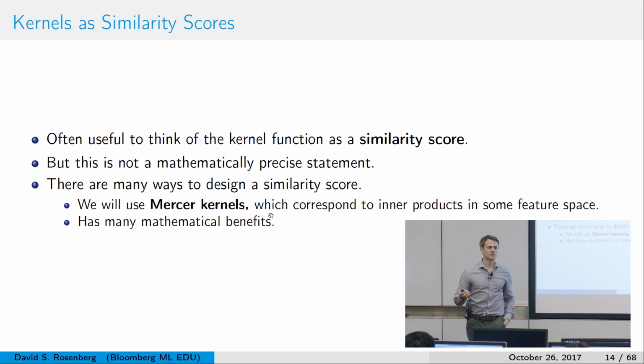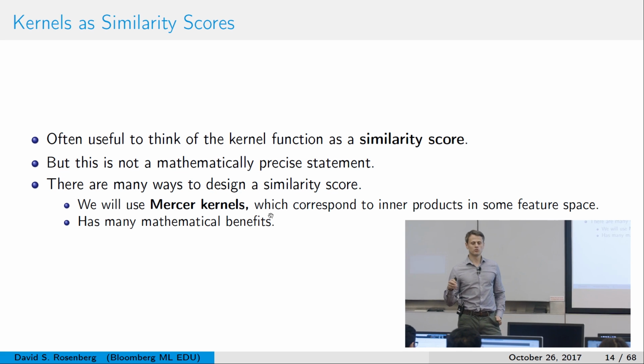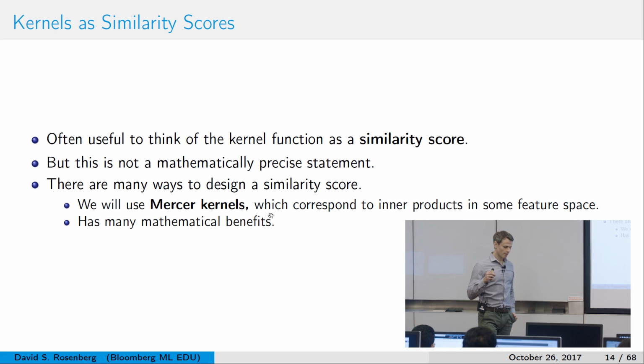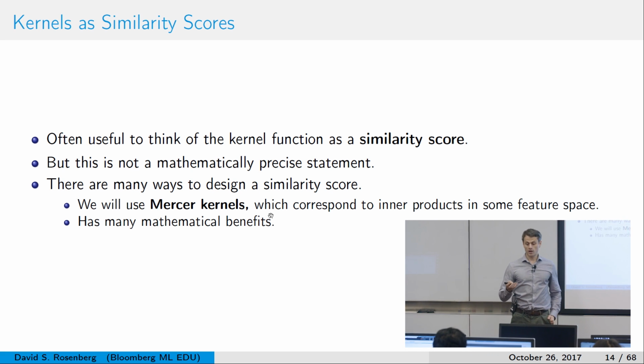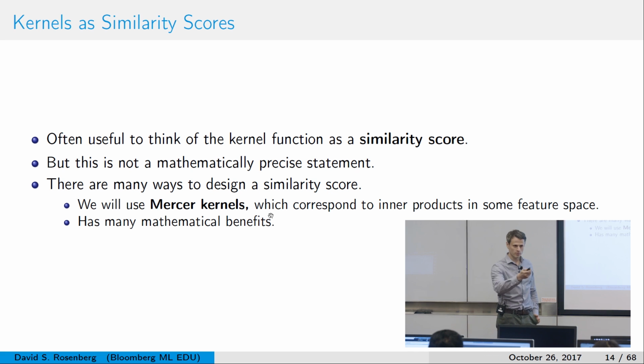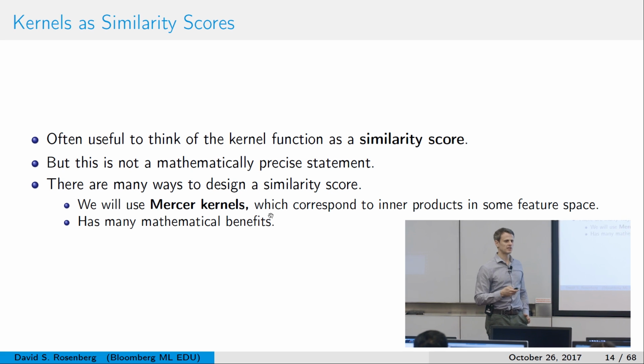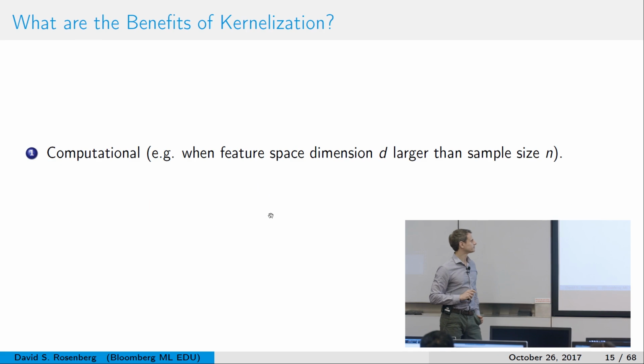There are many ways to make a similarity score. We're going to be restricting to a particular way, which are called Mercer kernels, which are kernels that correspond to inner products in some feature space, which gives us a lot of mathematical benefits.